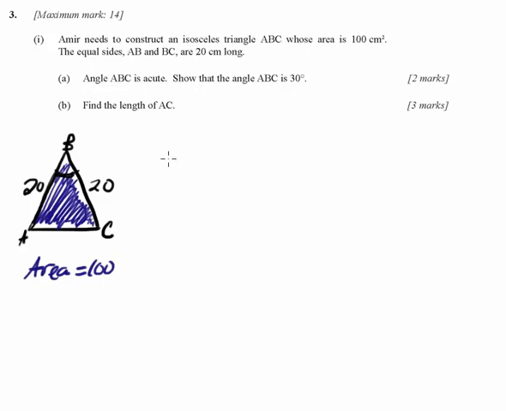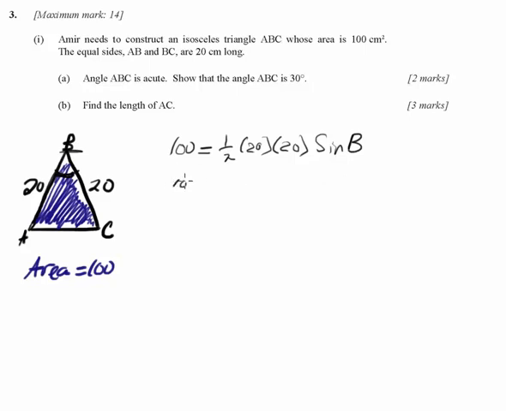The area, 100, is equal to 1/2 side a, which is 20, side b, which is 20, and the sine of angle C, which we're actually calling angle B in our problem, and that's what we're trying to find.